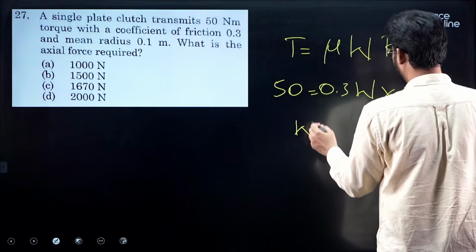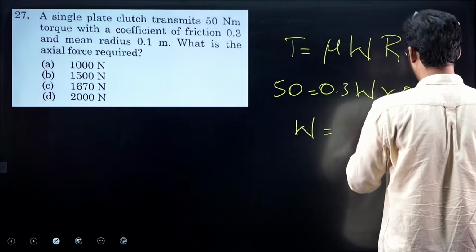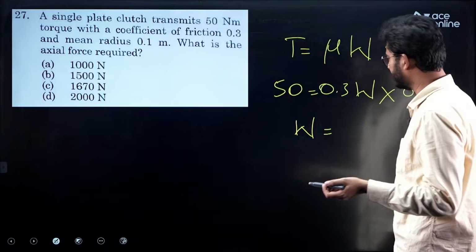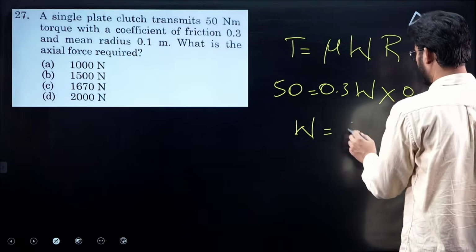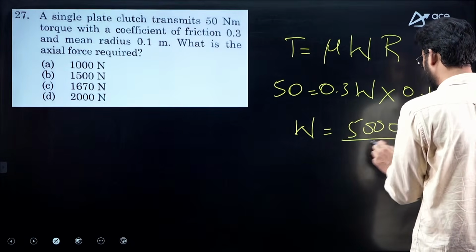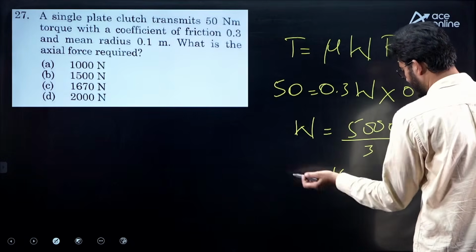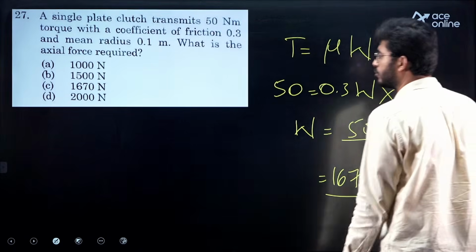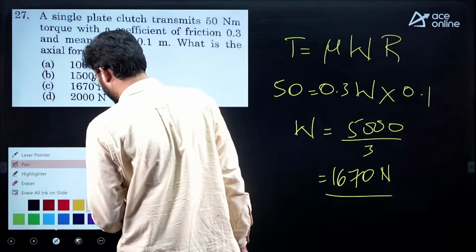So here we get W as 50 by 0.1 is 500, 500 by 0.3 is 5000 by 3, which is approximately 1660 or 1670 newtons. So option C is the answer.